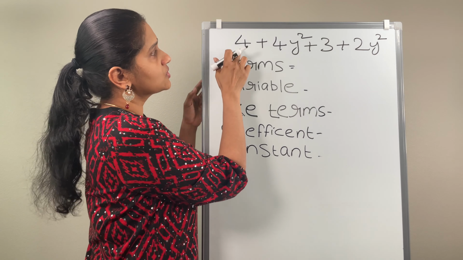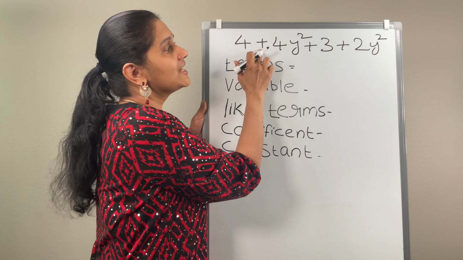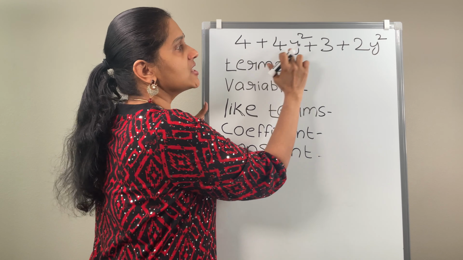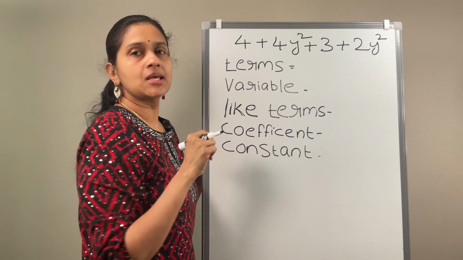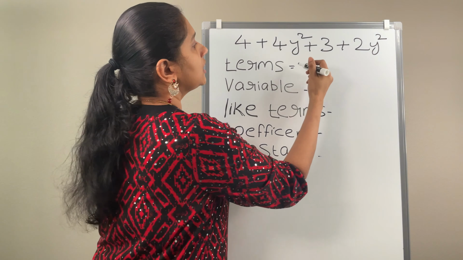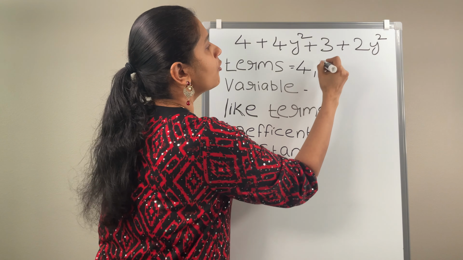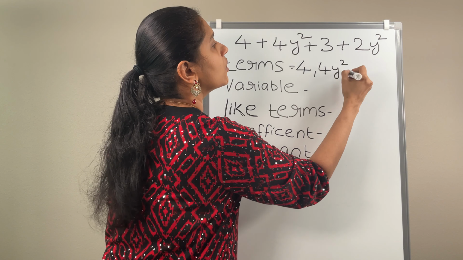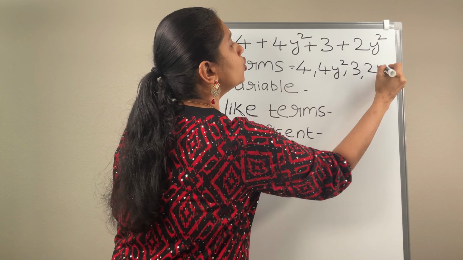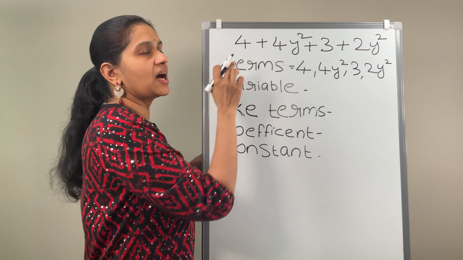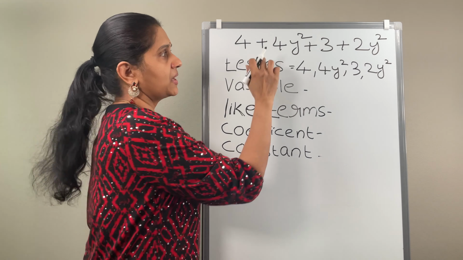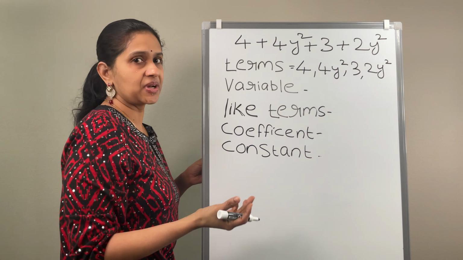In this case, 4 and 4y square are separated by an addition. 4y square and 3 are separated by an addition sign. 3 and 2y square are separated by an addition sign. So, the terms of this expression are 4, 4y square, 3, 2y square. Terms mean parts of an algebraic expression which are separated by an addition or subtraction sign.